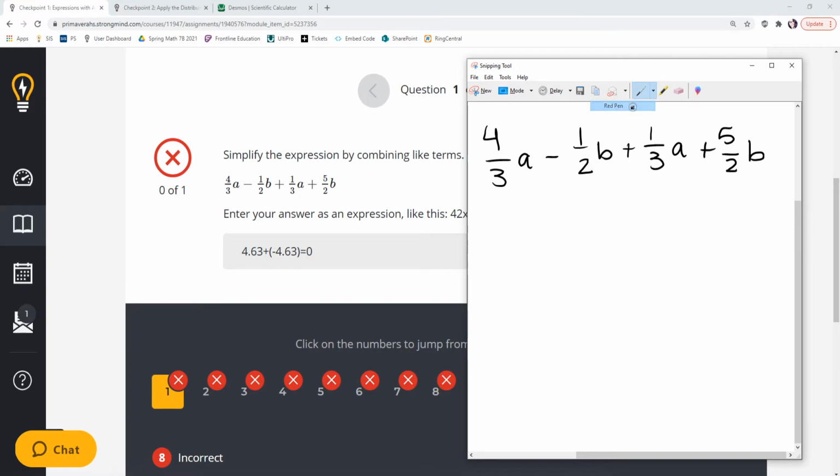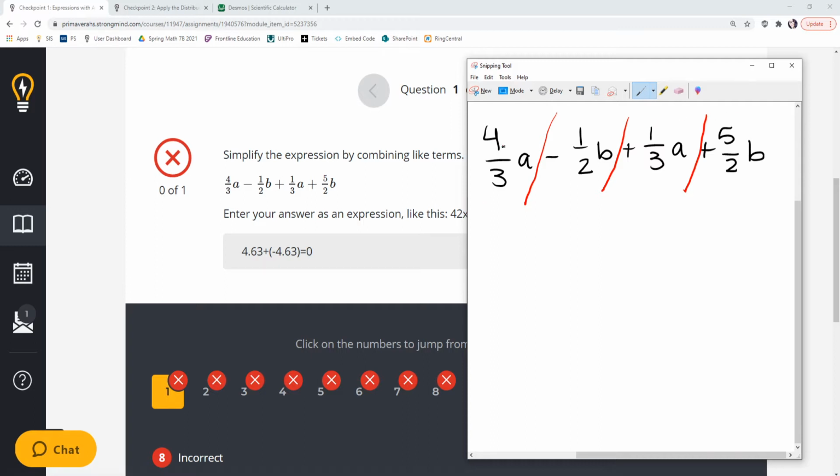So I'm going to start out by separating my terms. Remember in the lesson 1 video, I would draw these slash marks in front of my plus and minus signs to separate my terms. Now I need to look and see which of them have the same variable so I can combine them together.